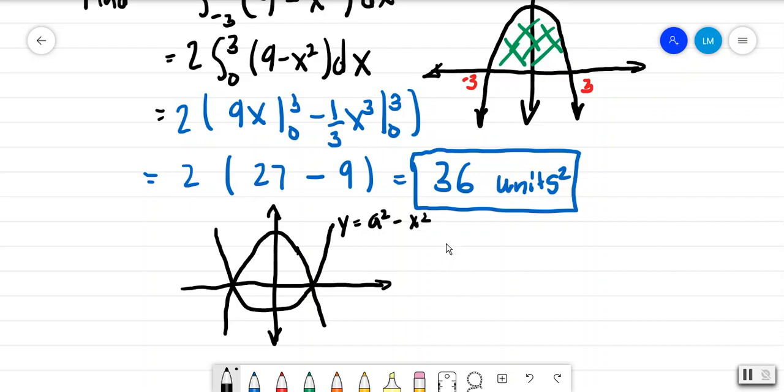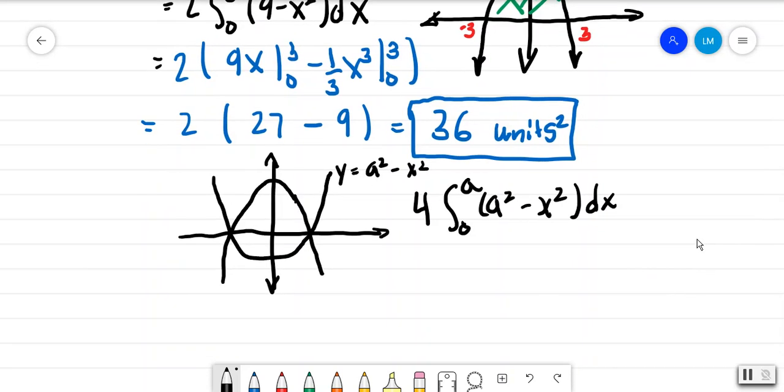In this case, the integral would be from 0 to a of a squared minus x squared. But because it's symmetrical, and try to use your imagination for the bottom part, you would just multiply this times 4, because there would be symmetry.